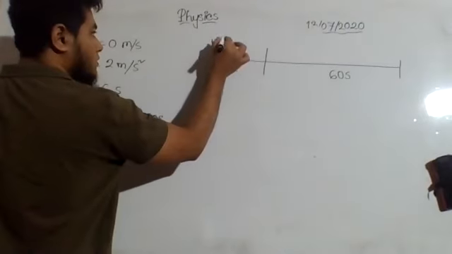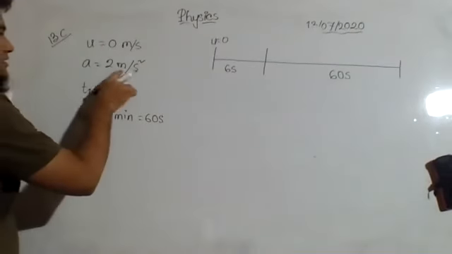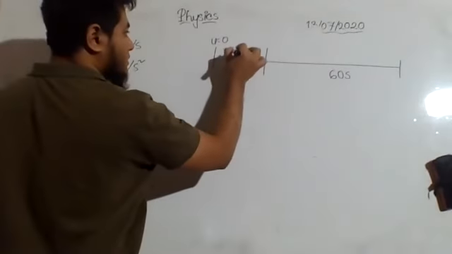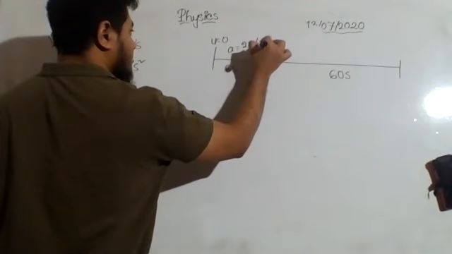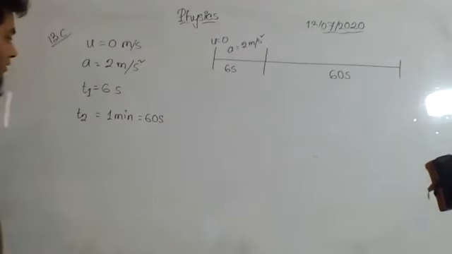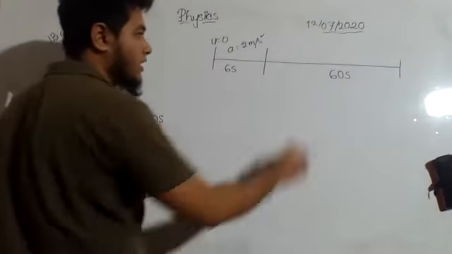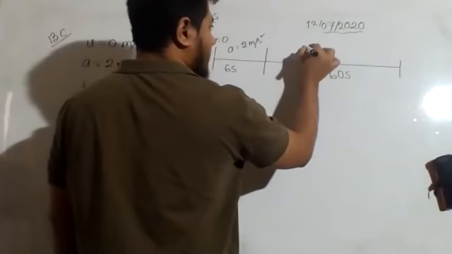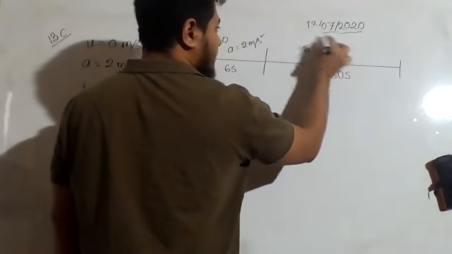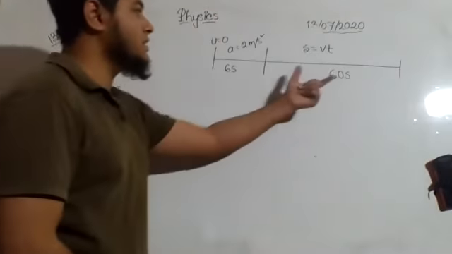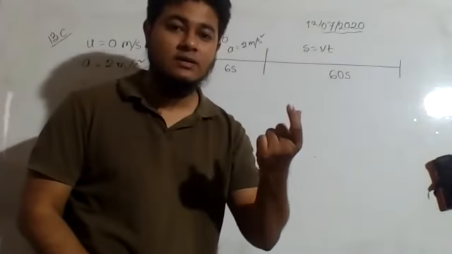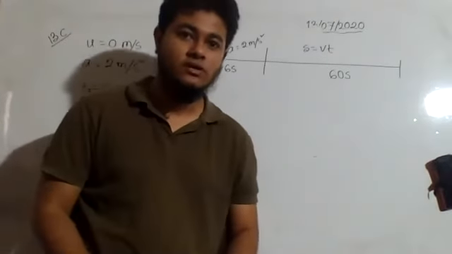The acceleration for this part I know. Acceleration is 2 meter per second square. No other information I know. Here I can apply this equation for this 60 seconds, because in this part they maintain a constant velocity or a uniform velocity.